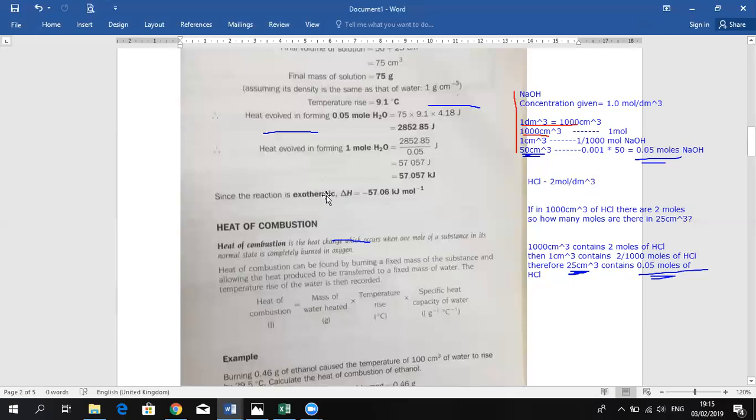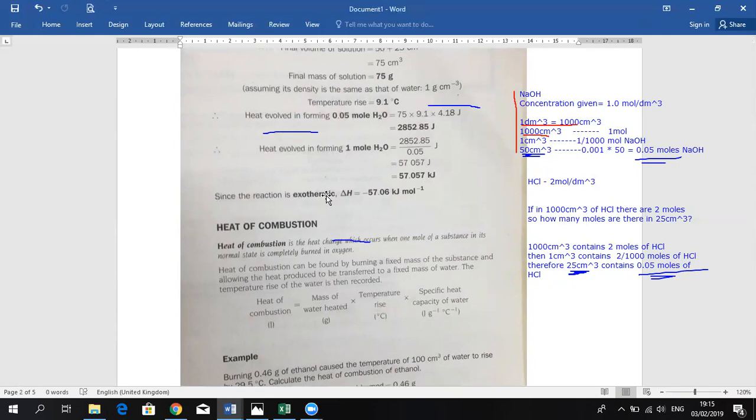And that goes back to the note yesterday where I was telling you exothermic reactions give off heat. And they give off heat because the reactants have more energy than the products.